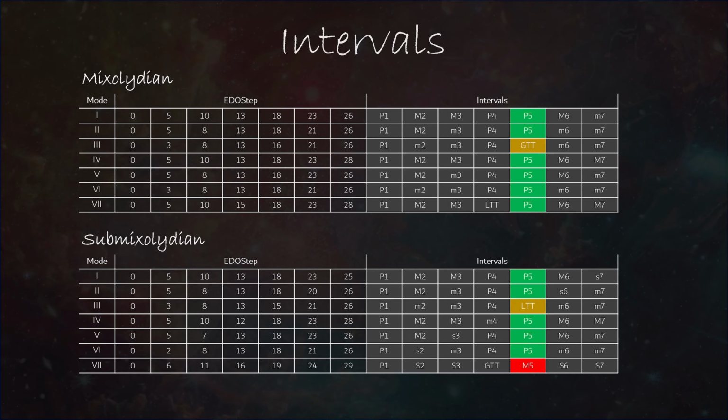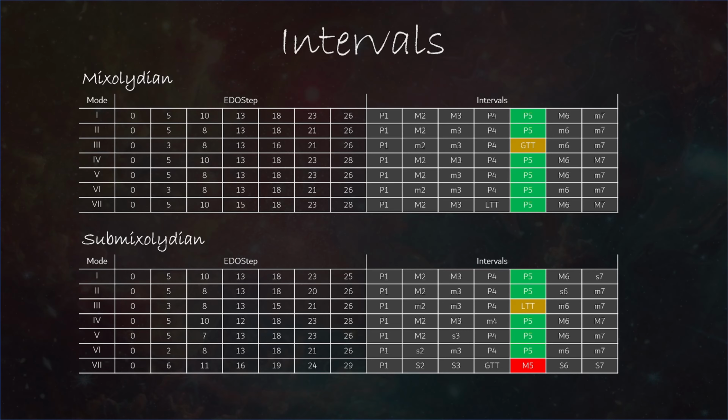You'll also note that the interval between the 3rd and 7th scale degrees has changed from a greater tritone to a lesser tritone, and the lesser tritone has a ratio of 7/5. In 12 tet, we only have one tritone, but in 31 tet, there's 2 different ones.